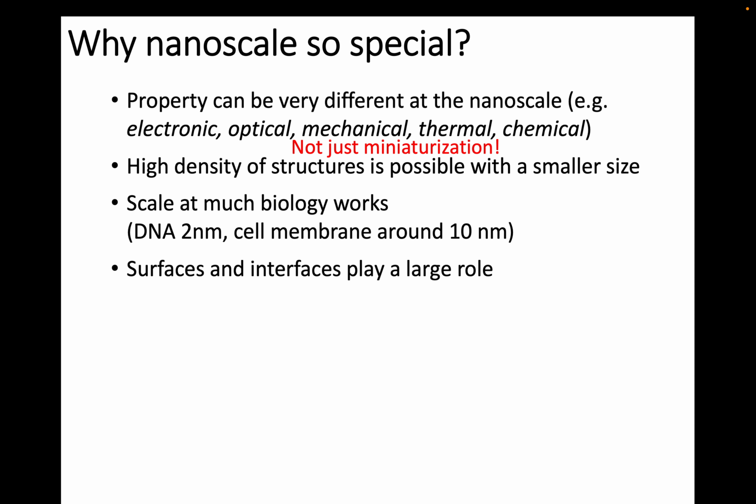Think about it. For bulk materials, we already know almost all properties, right? Now if we bring those materials down to the nanoscale, new properties come out. What that means is that we have more opportunity to engineer and fine tune those properties to get the desired ones.